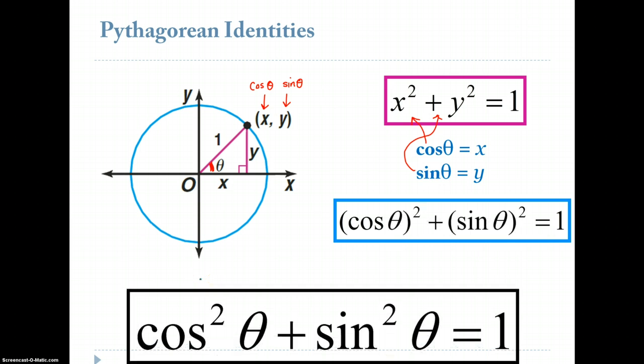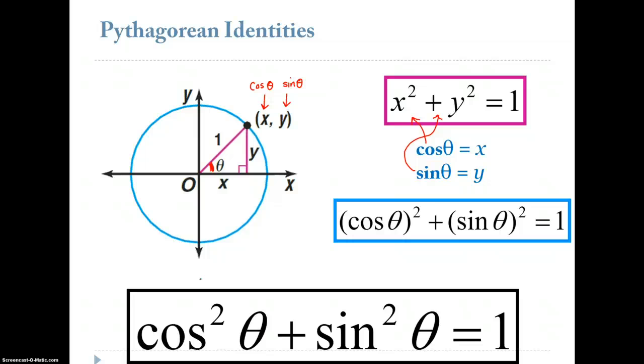And this is the quintessential Pythagorean identity. Cosine squared theta plus sine squared theta equals 1. And there are other Pythagorean identities, but essentially they all follow from this one. So this is the only one you really have to memorize or kind of know automatically. Cosine squared theta plus sine squared theta equals 1.